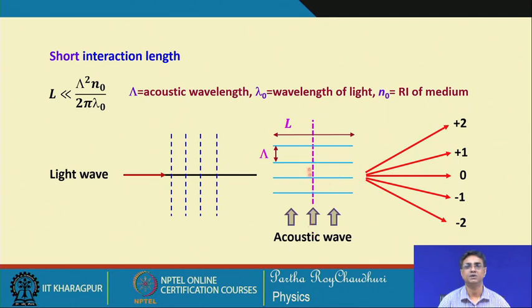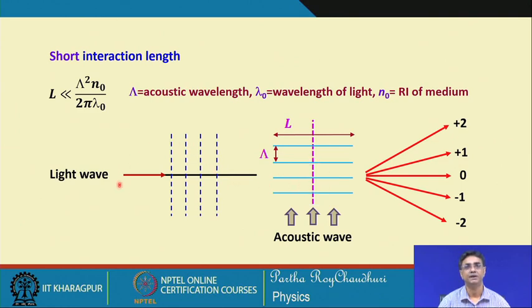So, you have this acoustic wave which is travelling along this direction, it forms a periodic grating. We have seen this with the peak value of delta n, and it is a sinusoidal variation. So, there is a variation in the refractive index along this direction, and it moves with the velocity of the acoustic wave, but the frequency of the light wave is much more than the frequency of the acoustic wave.